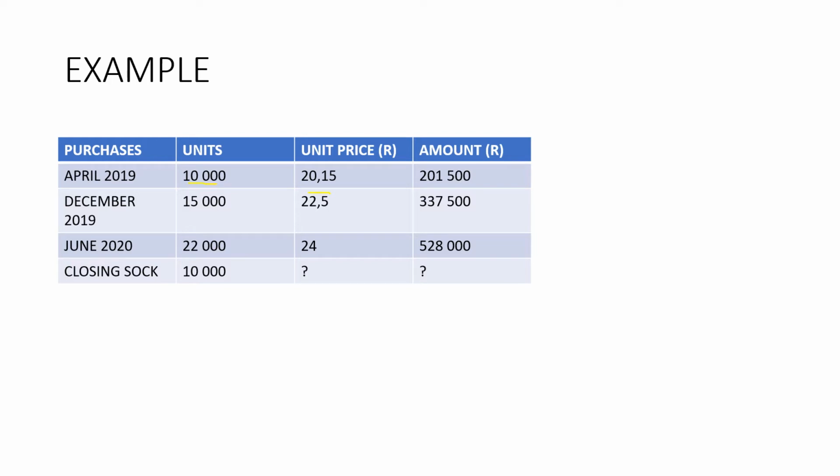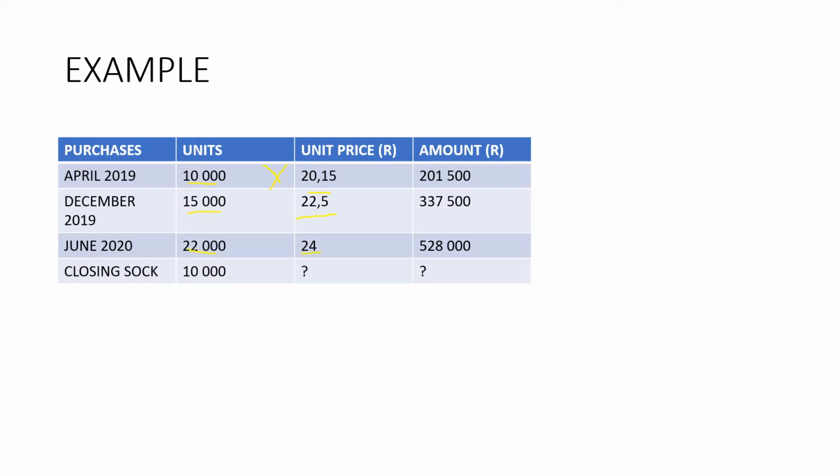To get the total amount, you obviously have to multiply your units by your unit price. That's not important for now. Then in December, we bought 15,000 units of milk for 22 rand 5 cents. And then in June this year, 2020, we bought 22,000 units for 24 rand, right?